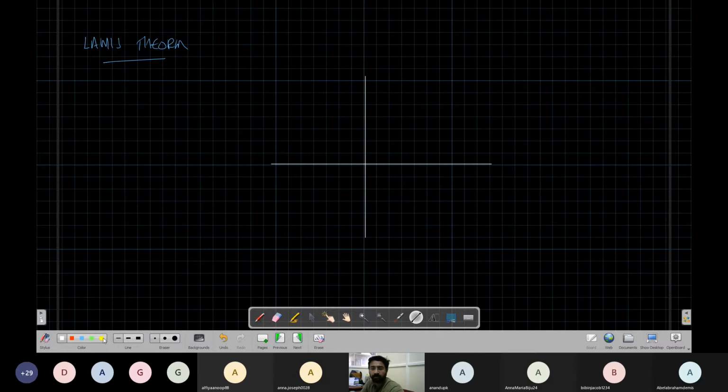Let's say I have a coordinate system and I have three forces, 1, 2, and 3. I'll call the first force P1, the second force P2, and the third force P3.